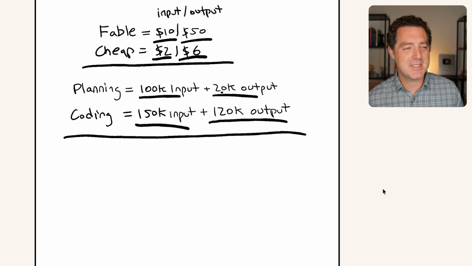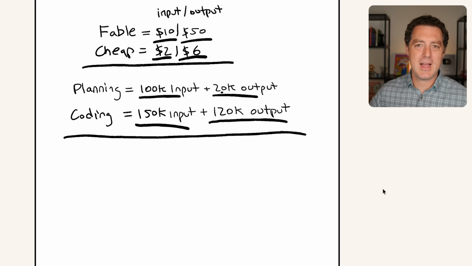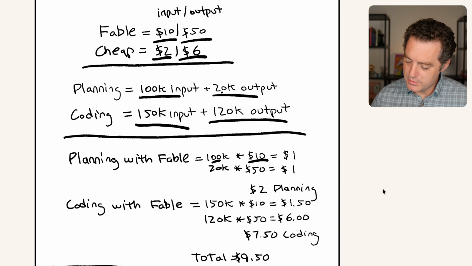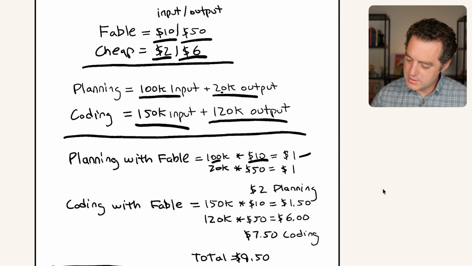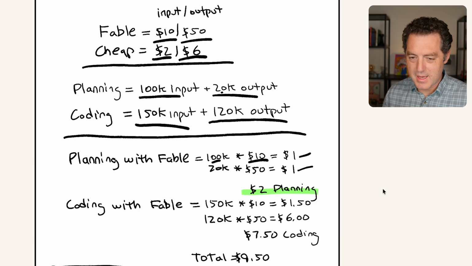The planning phase actually uses generally far fewer tokens than the actual execution phase. And so let's say we're doing our planning with Fable. We have 100,000 input tokens multiplied by $10 per million input tokens, which is $1 right there. Then we have 20,000 output tokens multiplied by $50 per million output, which gives us another $1. Total cost, $2 for planning. And keep that in mind here.